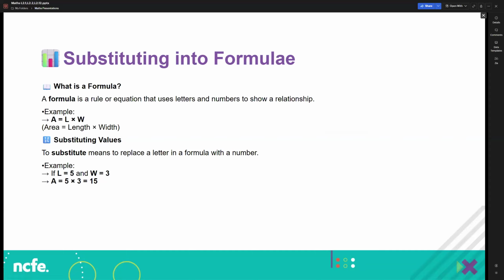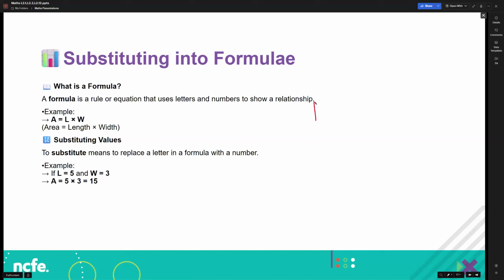So here's kind of first example. Area equals length times width. If you're ever doing the area of a rectangle or square, you'll be using this formula. And I think it's not too difficult.